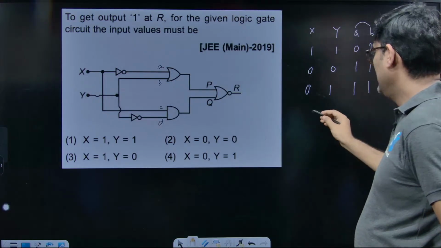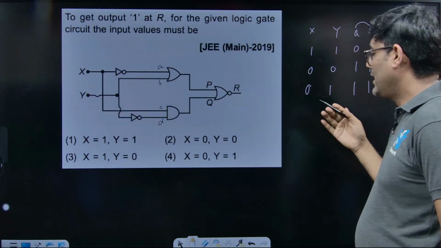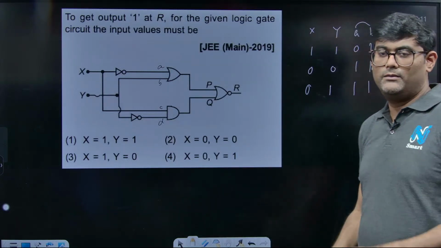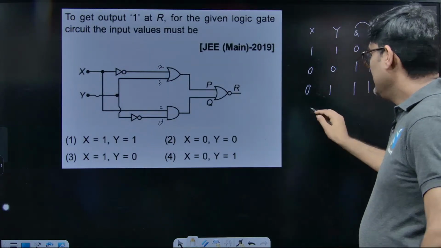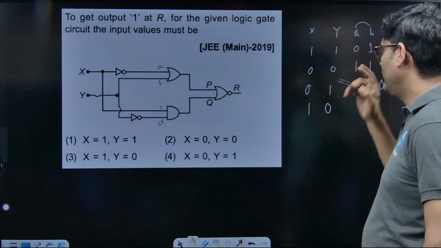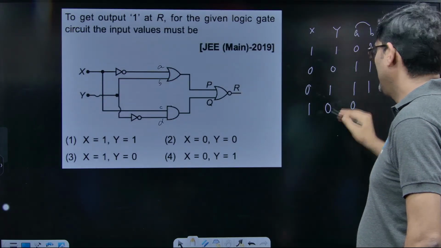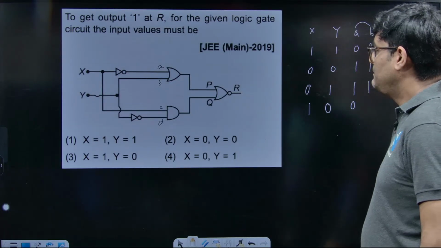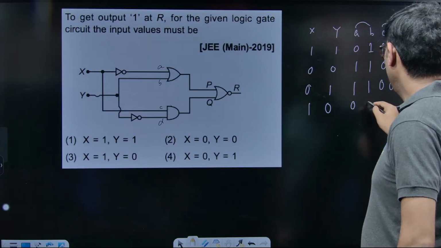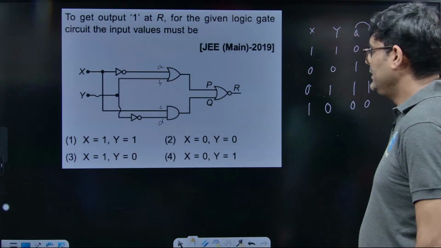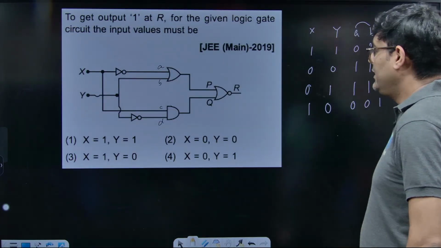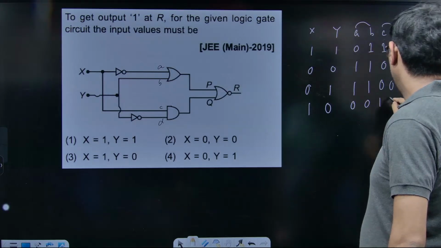Although I will mark option 3 in my question paper, let us check it. x equal to 1, y equal to 0. A is opposite of x, B is the same as y, C is the same as x, and D is opposite of y.